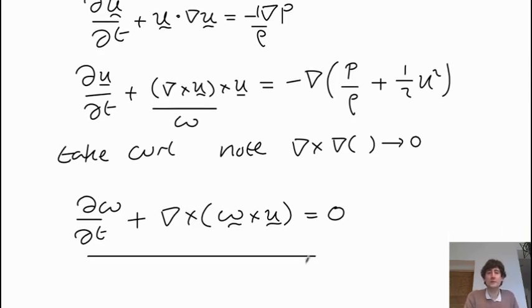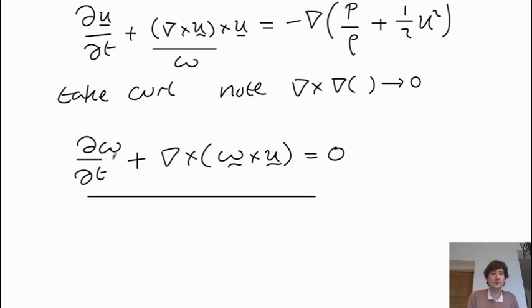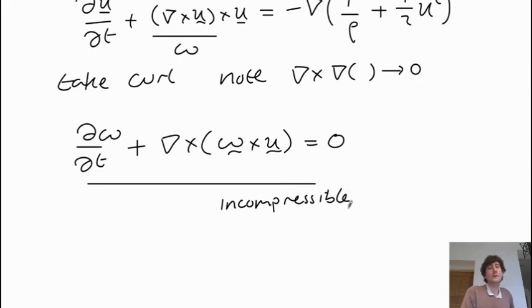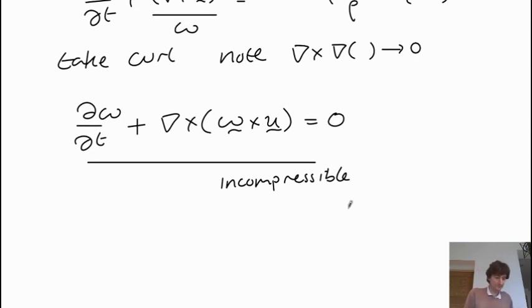And so that gives us an equation for the evolution of vorticity in the incompressible limit. So this is an incompressible ideal fluid. So there's no dissipation, and the fluid's incompressible.